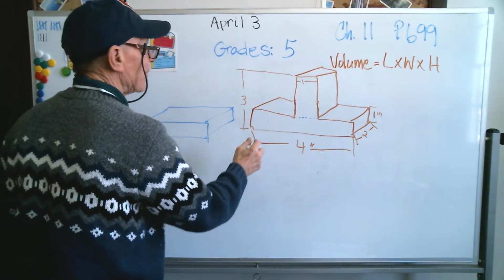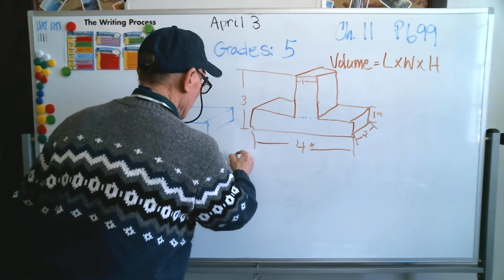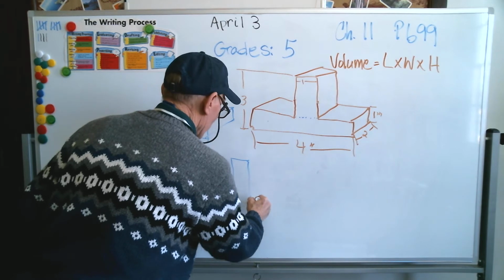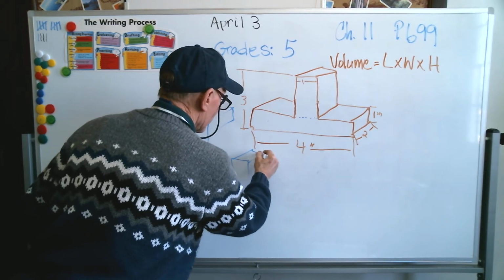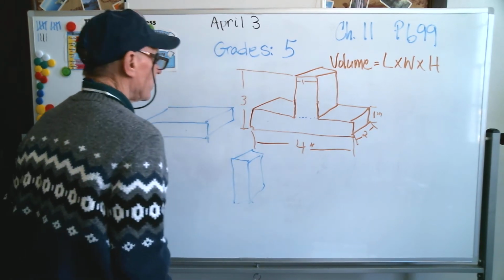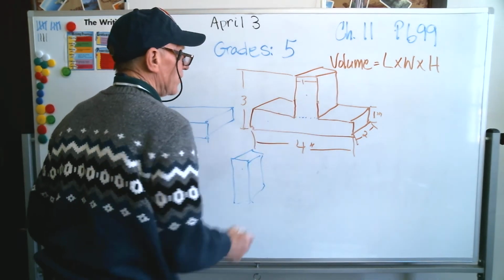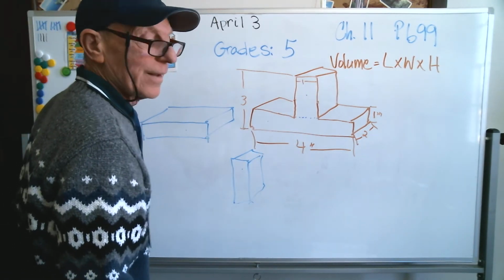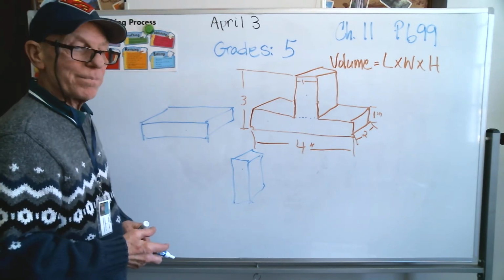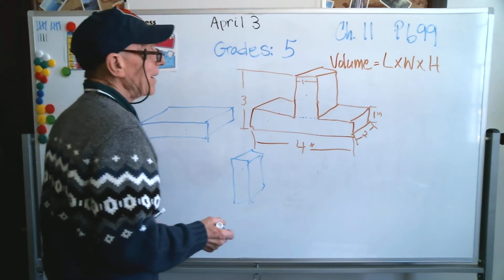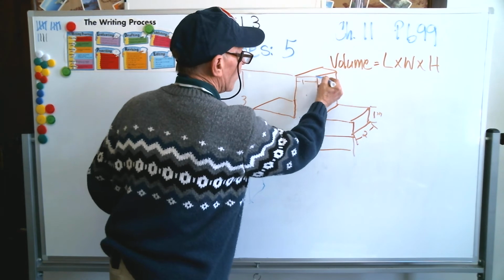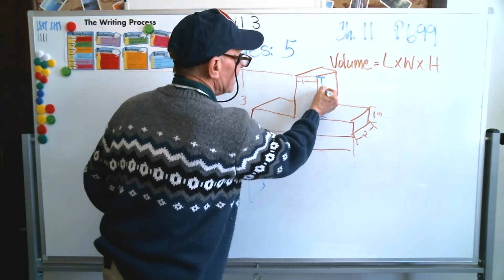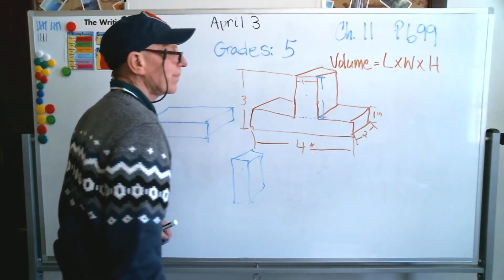And then on top of that, you've got a second one that's going to look like this. And that would be the top. Now, you got to fill in the missing parts. A dimension that we don't see in this drawing is what this dimension is.